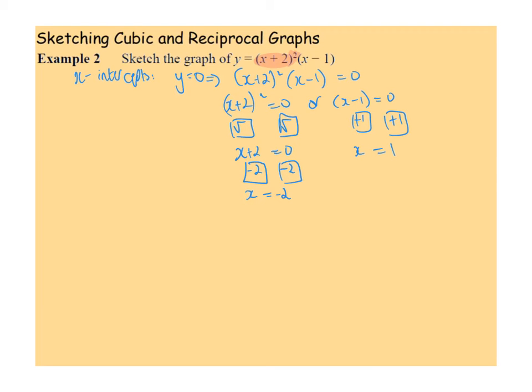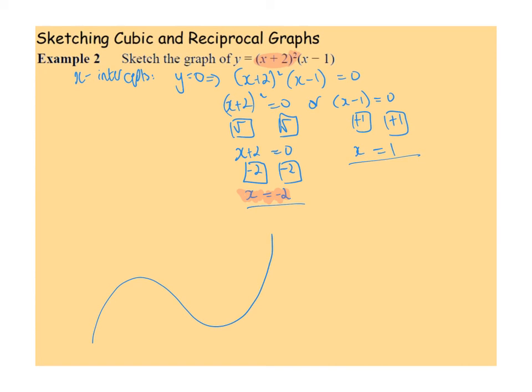So there are our 2 roots, and remember that this one is a repeated root. That's quite important. So it's another positive cubic, so it's still going to have this shape. And this time we need to think a bit more carefully about the intersects.